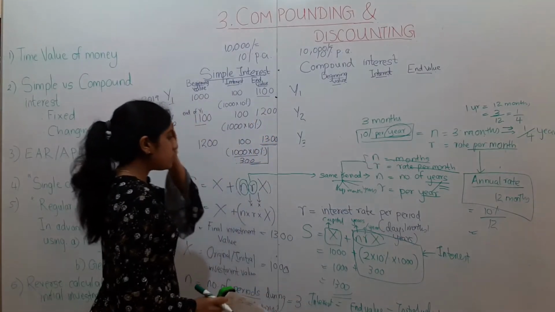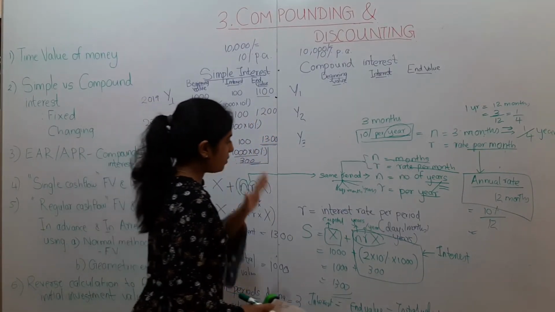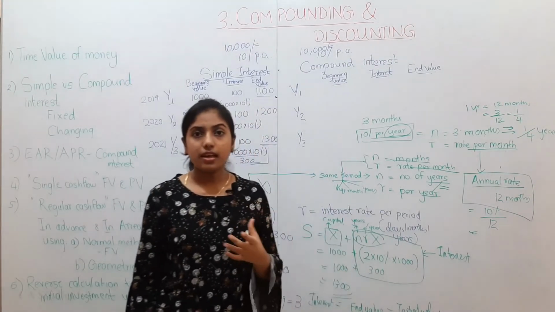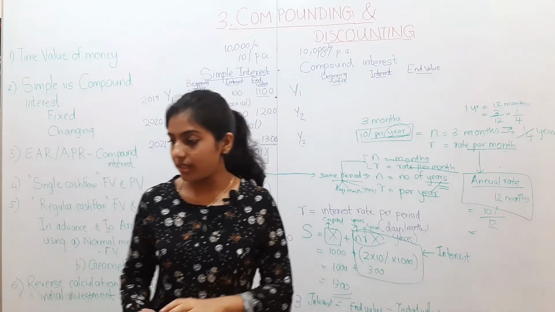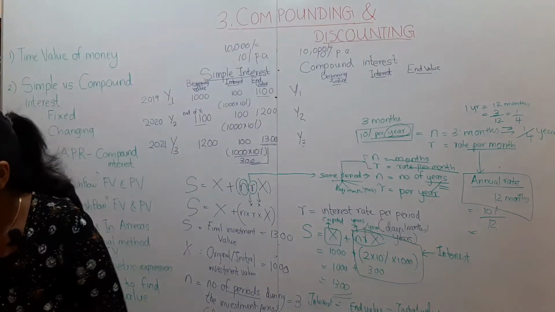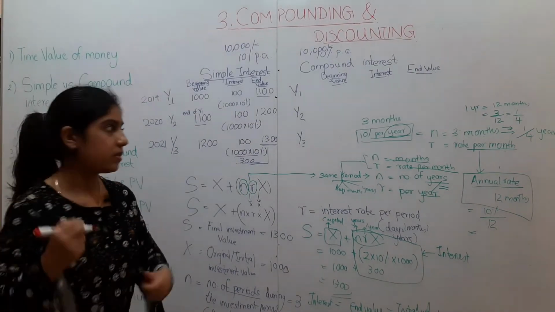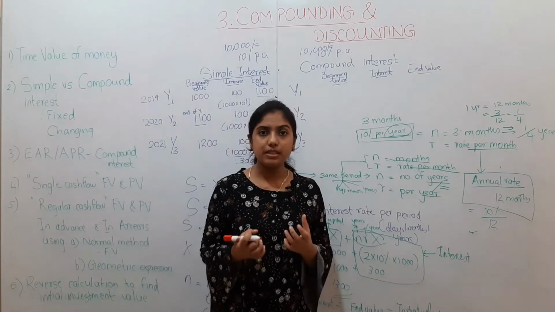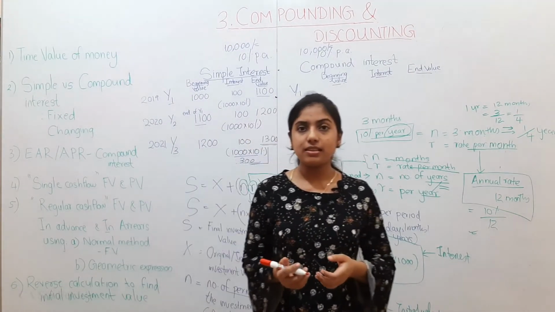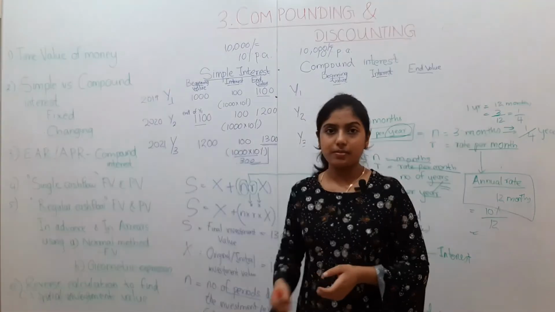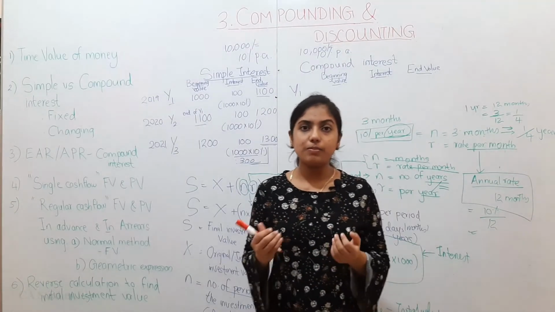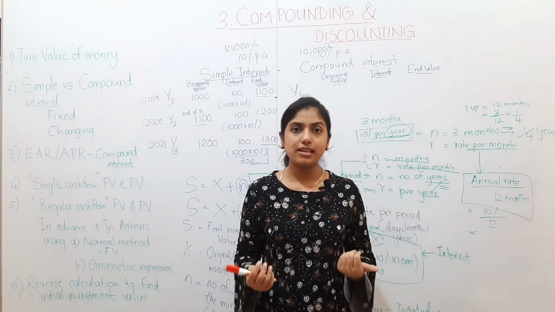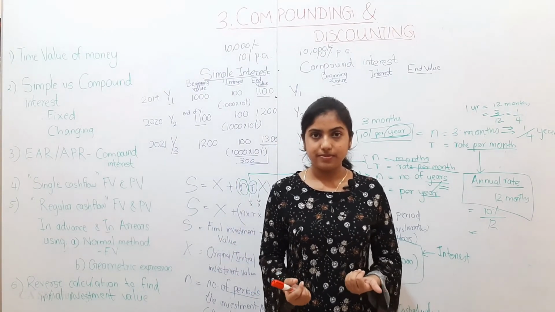Alright. So with that, we finish off simple interest calculations. One more point I missed telling you all: this entire calculation of simple interest using the table and the formula method is applicable only to scenarios where the interest rate is fixed.